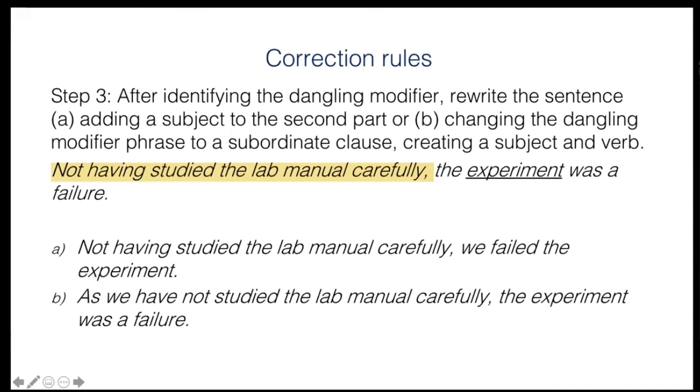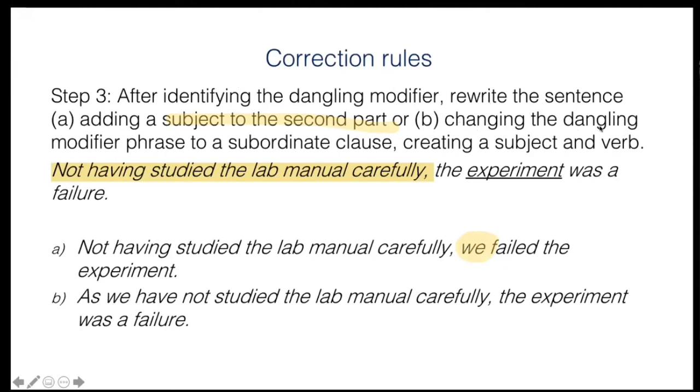Correction rules. Remember, we said that there are basically, if you're not rewriting fully, 2 correction rules. First, you take this sentence and you add a subject to the second part. Here we add we. We is a subject. It wasn't there, but we add it, and so the sentence looks okay. Variant B, what do you do?